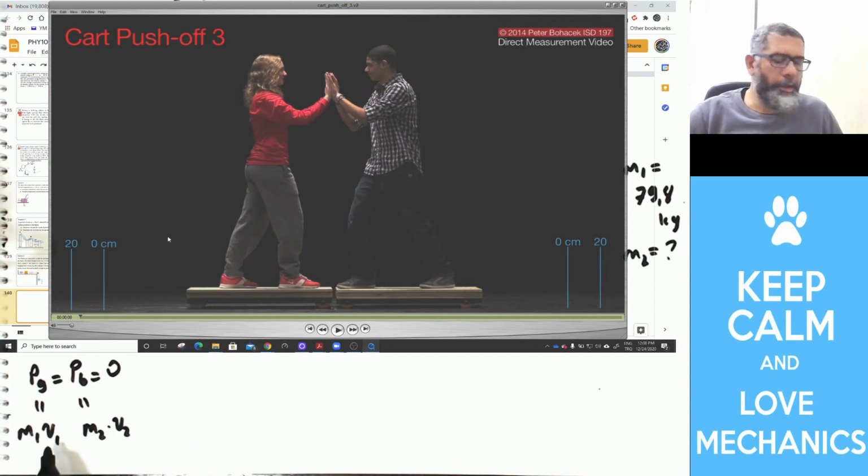That means their initial velocities are zero. If the momentums are zero, obviously, since their masses are not zero, v1 and v2 are zero. So initial v1 and v2 are zero.